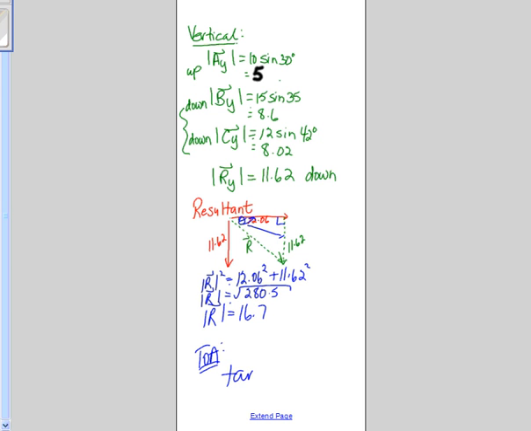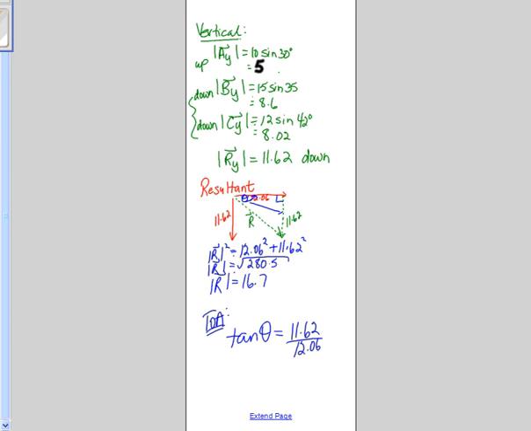Tan of theta is opposite over adjacent, which is 11.62 over 12.06. Second function tan of that ratio, my theta is 43.9 degrees.